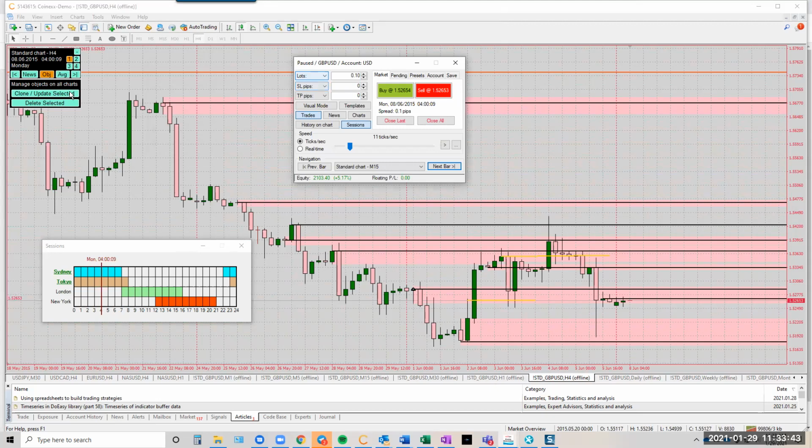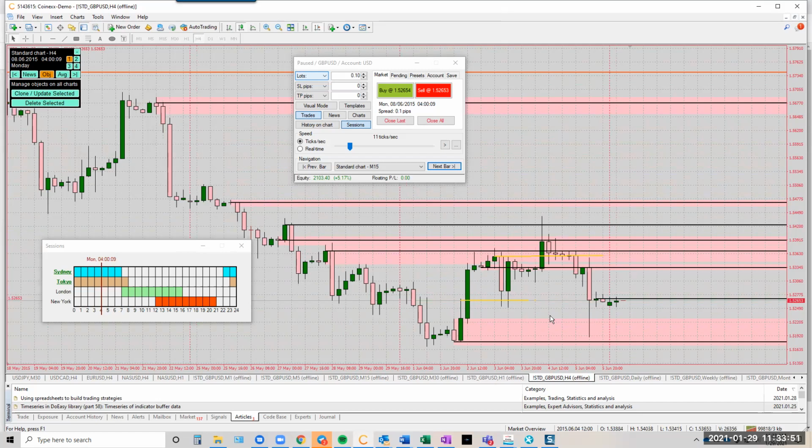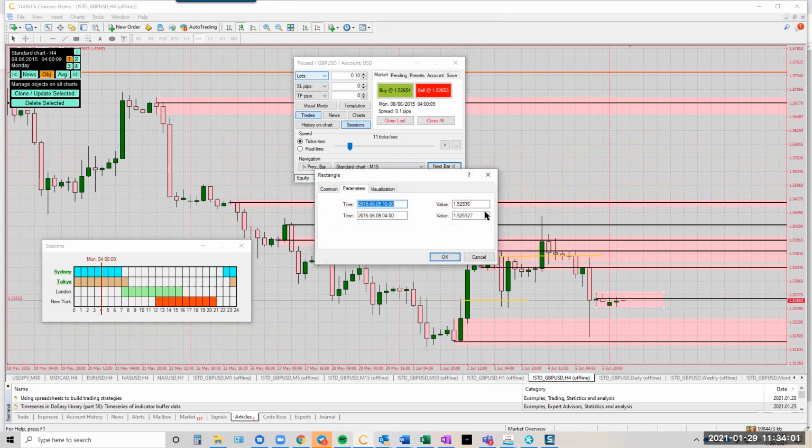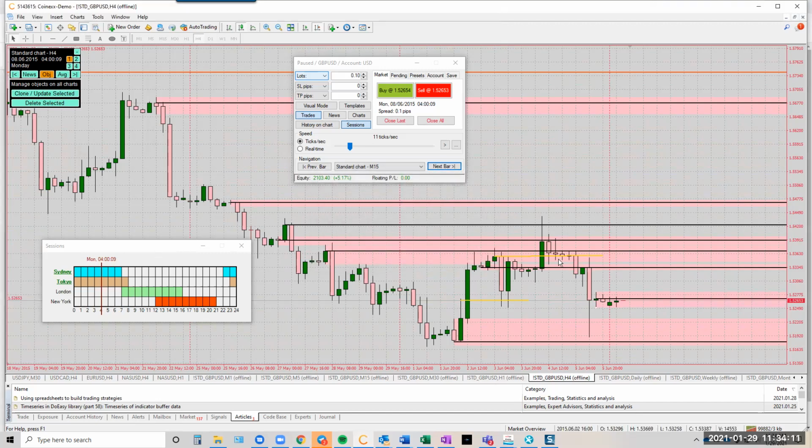Let's get rid of it, because I think that's there. So let's put this new zone. Let's do clone. Let's see now. Let's clone up this zone now.